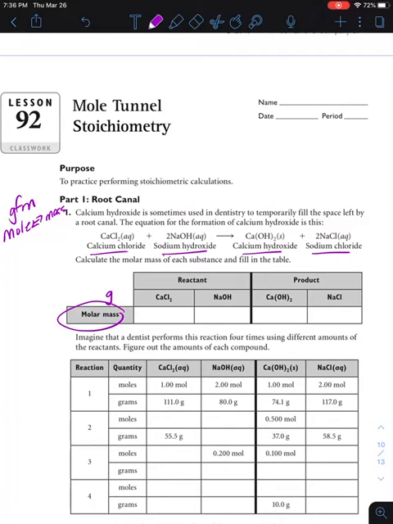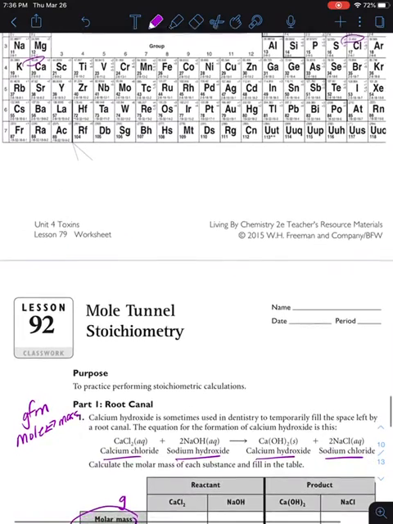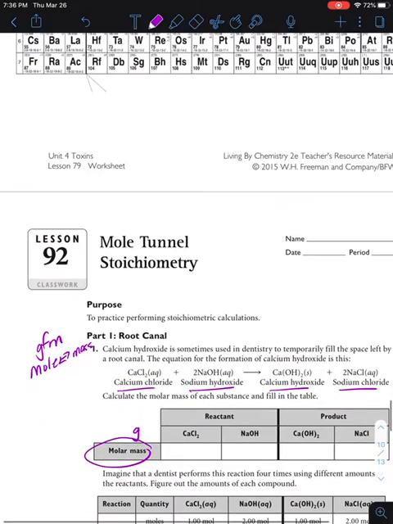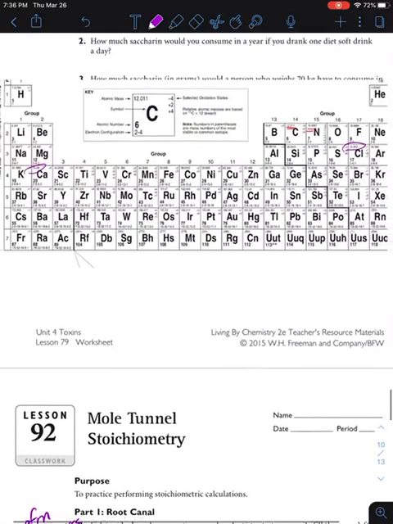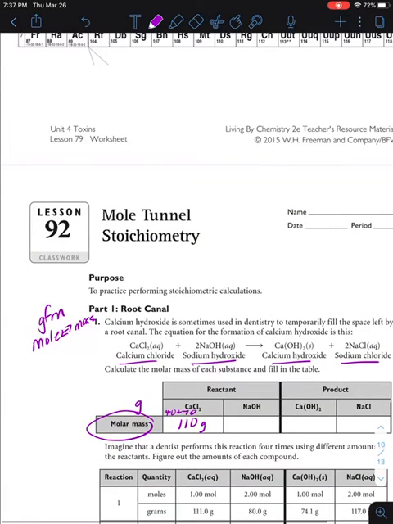and the products. So for our reactant, we have calcium, which is 40, and we have 2 chlorine, which are 35.4. So rough math, plus 70, it's roughly about 110 grams. NaOH, we have 23, 16, and 1. So we have 17 plus 23, so that's roughly going to be 40 grams.